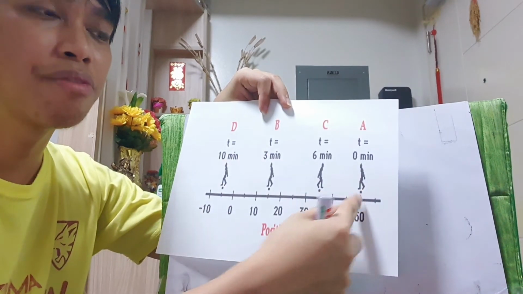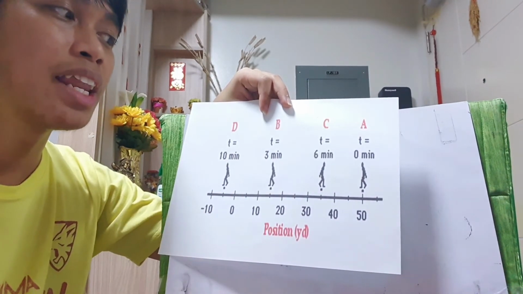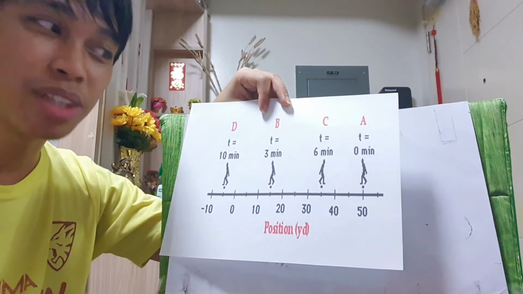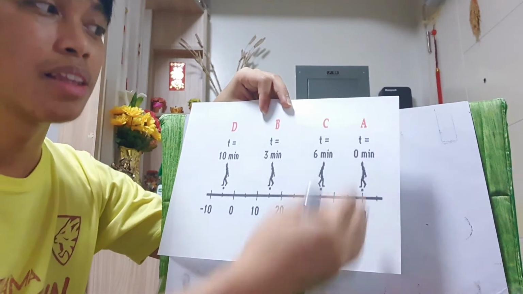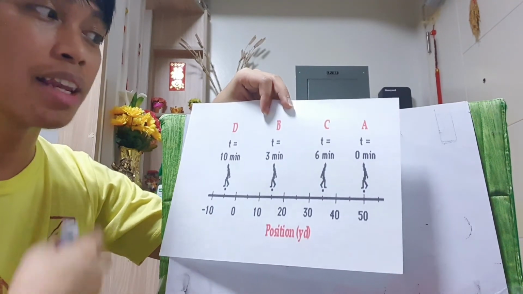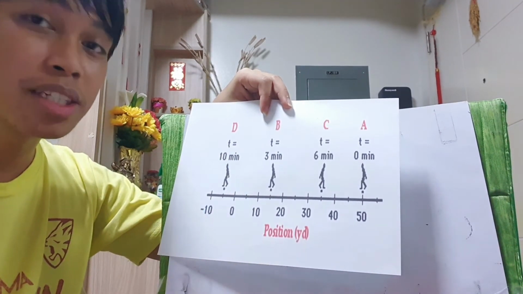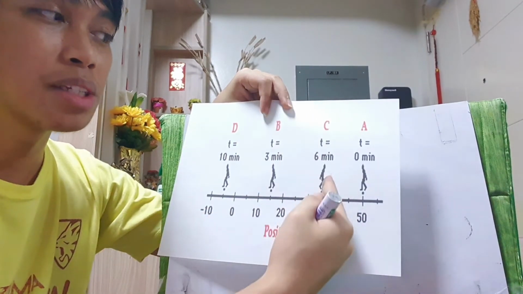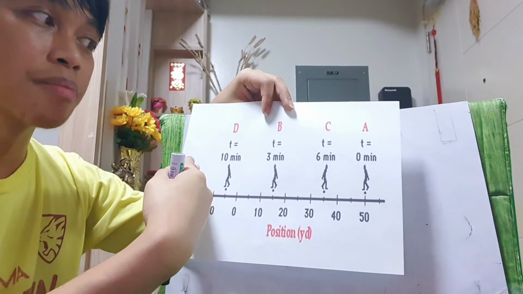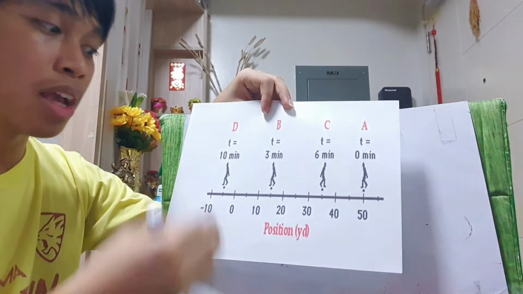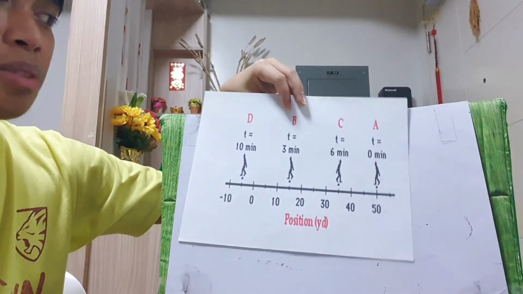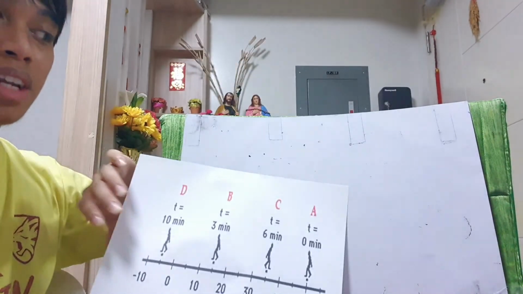Then 3 minutes after the initial position, he goes to point B. For the time frame 6 minutes, he goes to point C. And after 10 minutes, he goes to this position. So, let us compute the average velocity.